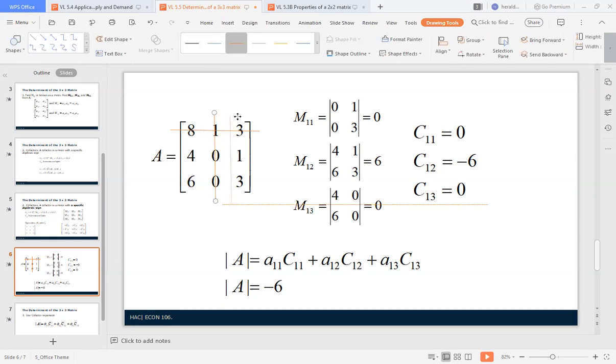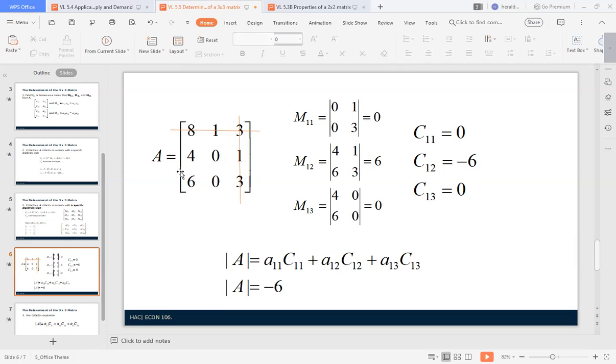We have M13. M13 is 4 0, 6 0. The next thing to do after deleting rows and columns is you get the determinant, which is a 2 by 2 determinant for that matrix. So that is 0 times 3 minus 1 times 0, equal to 0. Do the same for M12 and M13.